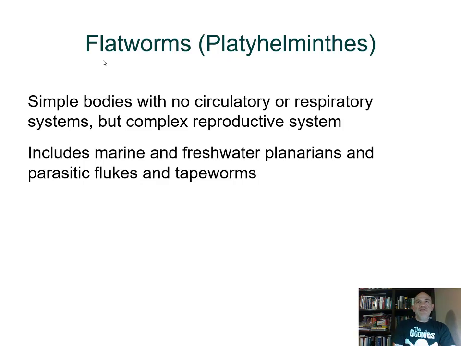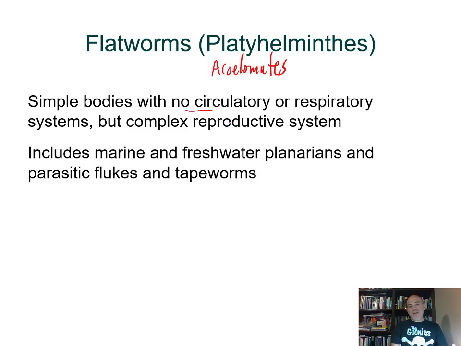So looking at the phylum Platyhelminthes, their bodies are relatively simple. These guys are acoelomates, so they don't have a body cavity. They're triploblastic, so they lost their body cavity over evolution because all the ancestors of bilaterians, with the exception of the acoel flatworms, had a coelom. So they're not going to have a circulatory system.